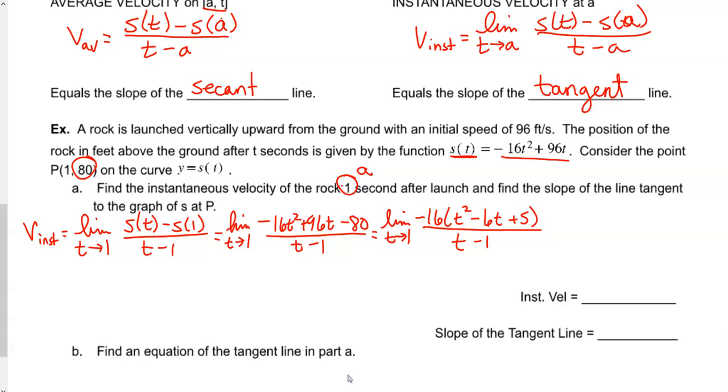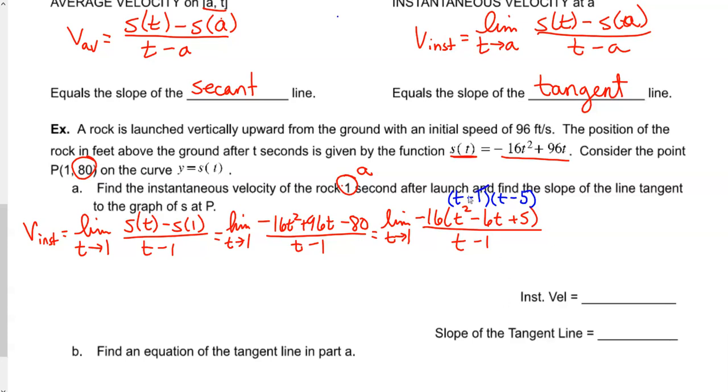Again, if I start plugging in 1, I'm going to get 0 over 0. So I'm going to try to factor this piece right here. I'm going to save a little space and factor it up top. So when I do that, I'm going to get a t and a t. The signs are the same, matching the middle term, so minus and a minus. What do we multiply to get 5 that we add to get 6? It is a 1 and a 5.